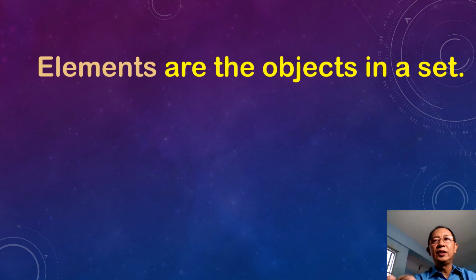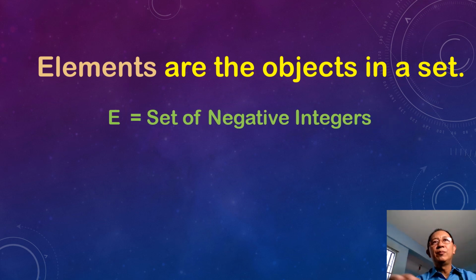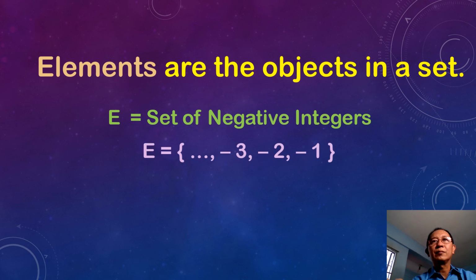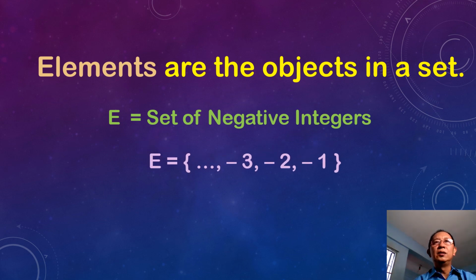So elements are the objects in a set. Another example, set E is a set of negative integers. So what are the possible elements of set E? There is no first element because we cannot identify the first element, since there is no restriction on this set. So all negative integers, we cannot list all. Instead, we will use ellipsis.